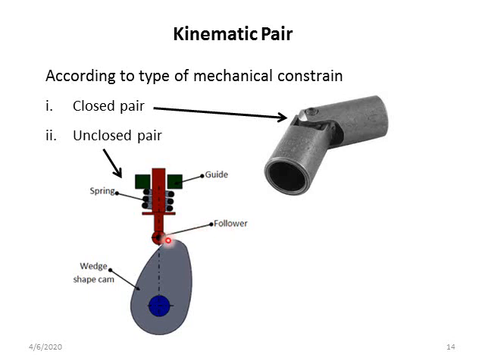What is happening is that this follower is pushed by this spring so that the follower makes contact with this cam. So here is the cam, here is the follower. The follower is pushed by this spring so that both the follower and the cam make contact with each other.